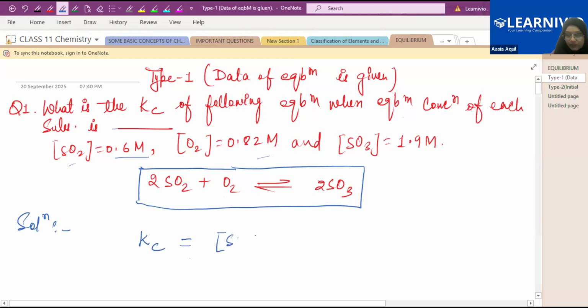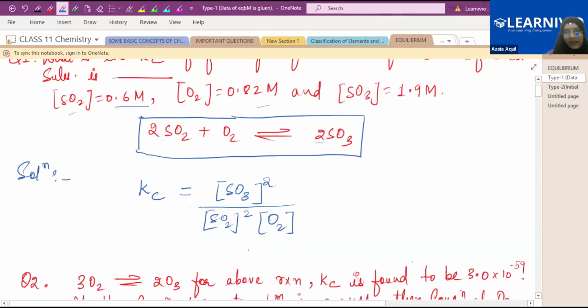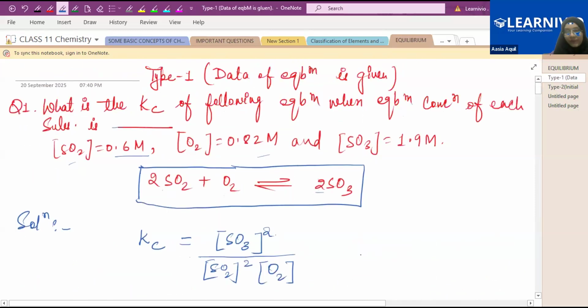SO3, raised to the power 2. This is the stoichiometric coefficient. Upon the concentration of reactant SO2 raised to the power 2, and the concentration of O2. So this is according to the reaction; we have written the equation.